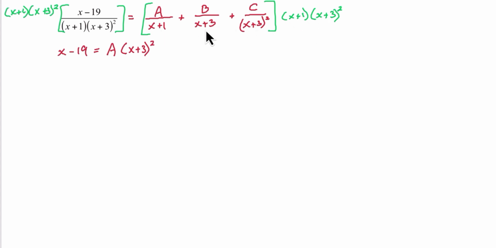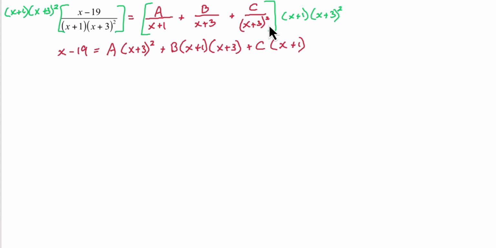When we do that, one of the x plus 3's goes away, leaving us with B times x plus 1 times x plus 3. And when we multiply the LCD by the third fraction, x plus 3 squared goes away, leaving us with C times x plus 1.